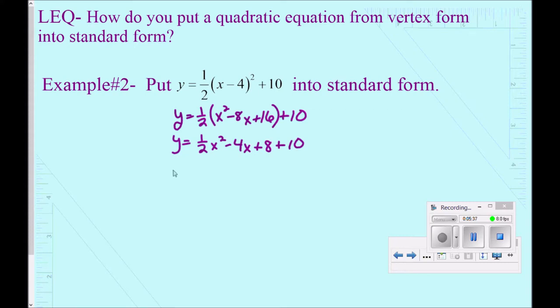Okay, and lastly, I'm going to combine like terms. And now I have the equation in standard form.